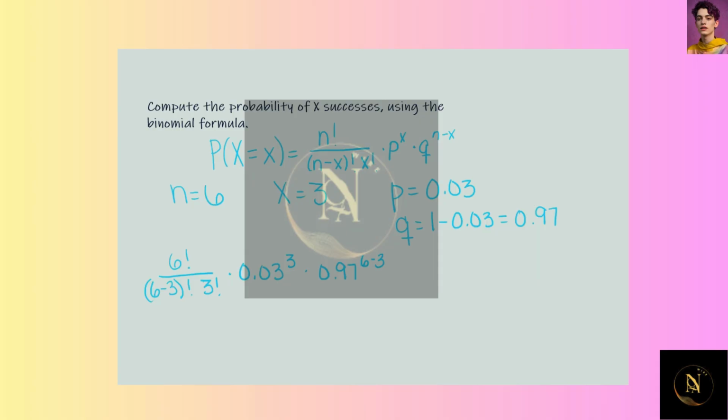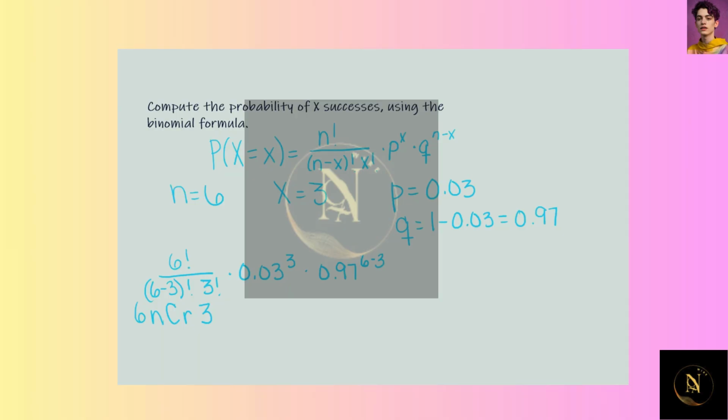We can do that two ways. You can do this as a combination in your calculator by doing 6 and then nCr, and 3. 6 is always the n value and the 3 is the x value. You type the 6 in, then you go over to math.